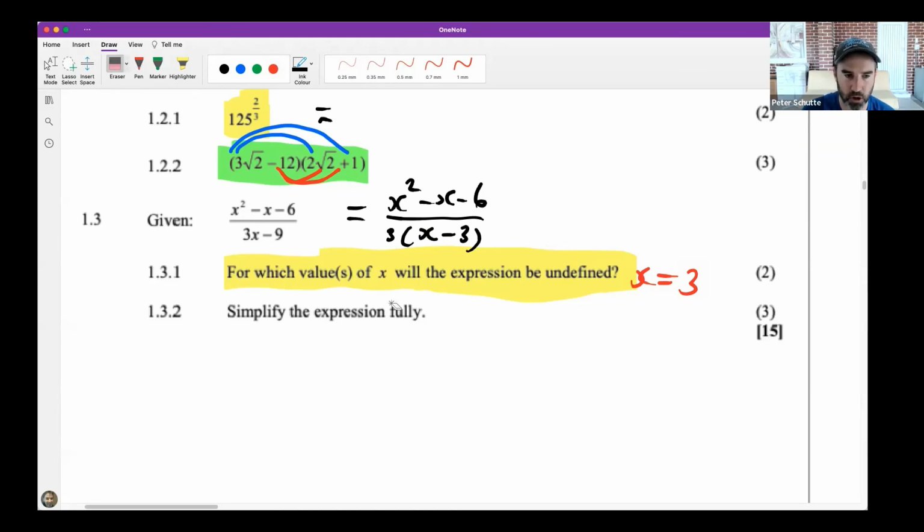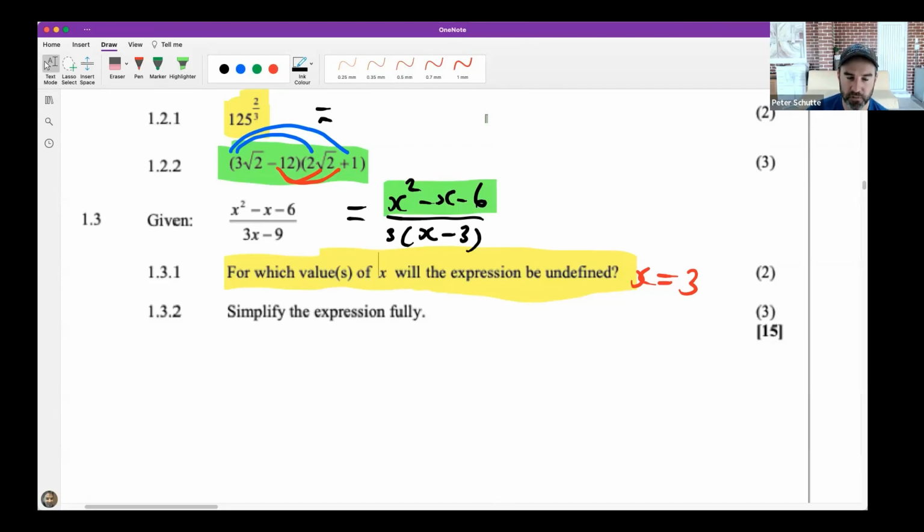Okay, now the second part of the question, simplify the expression fully. This is going to require you to look at the whole thing and think, okay, how do the top and bottom bits interact? What can I do? In order to simplify this expression further, what technique do you almost always use?